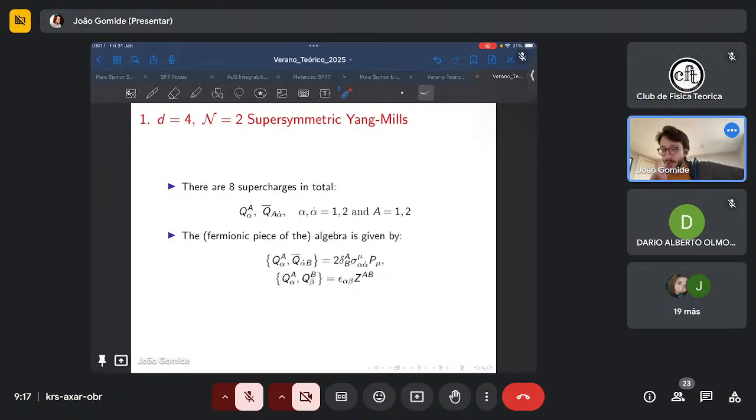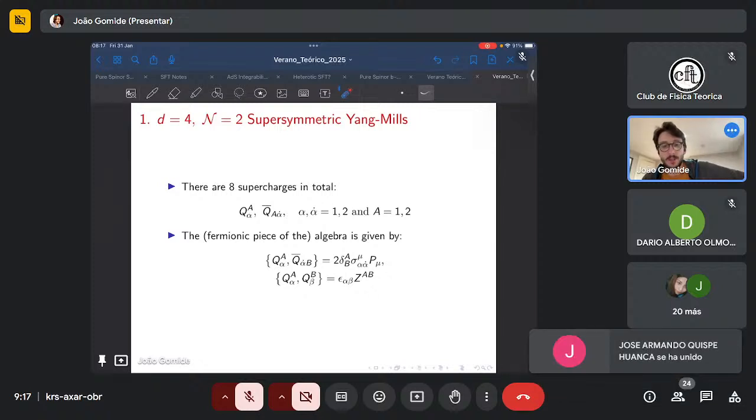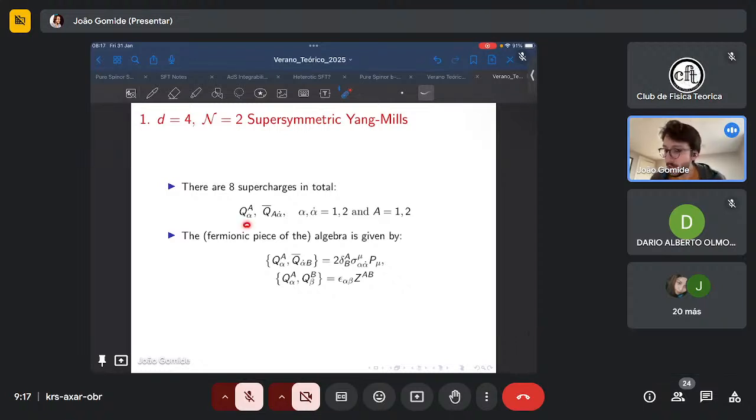Okay, so as I said, we start with two supercharges, or two sets of supersymmetric generators, and there will be 8 in total because of the spinor index, which in 4 dimensions ranges from 1 to 2, because they're chiral, anti-chiral, or Weyl and anti-Weyl.